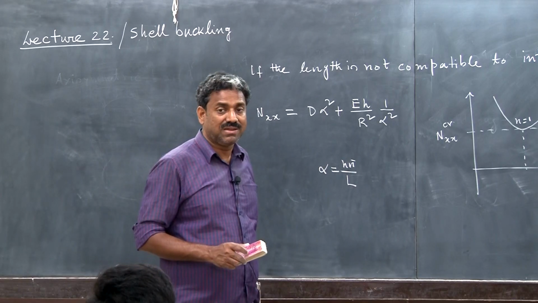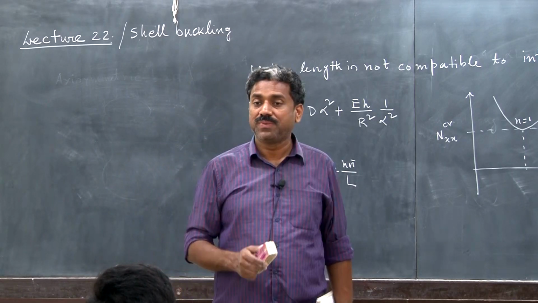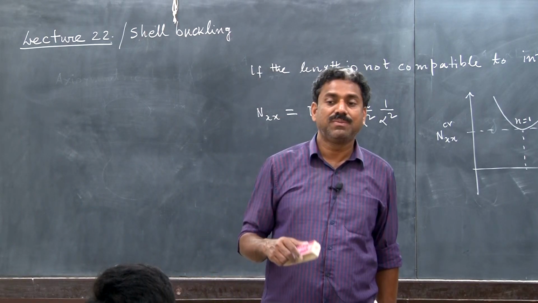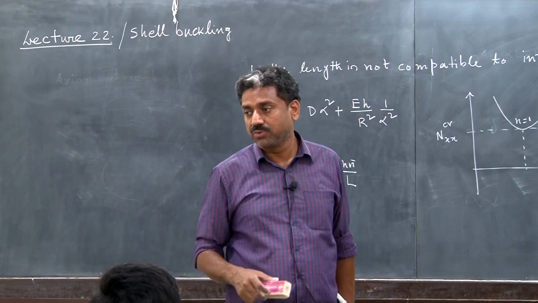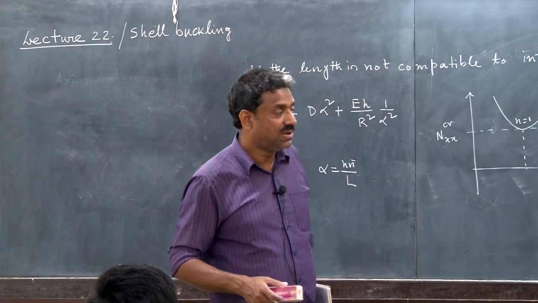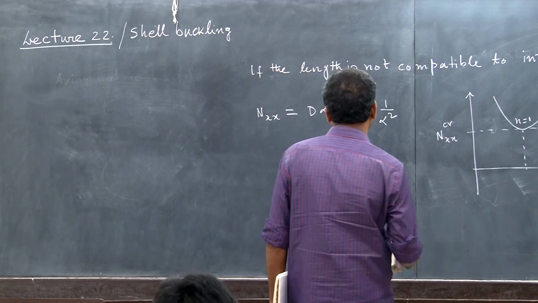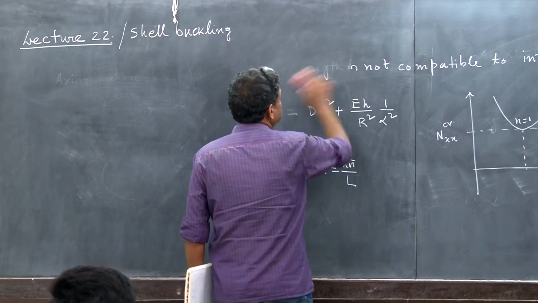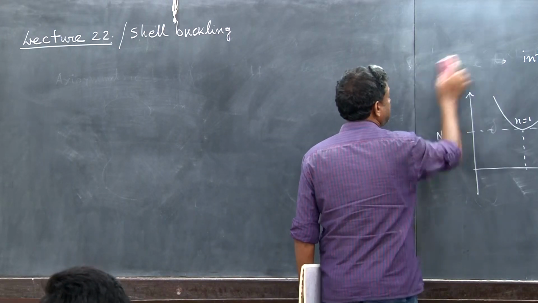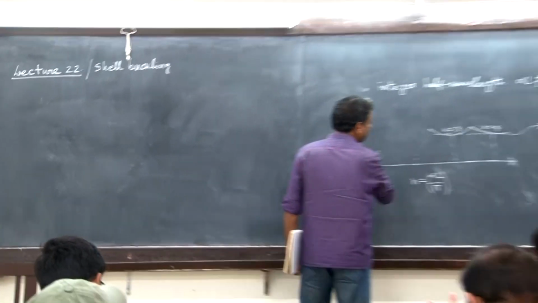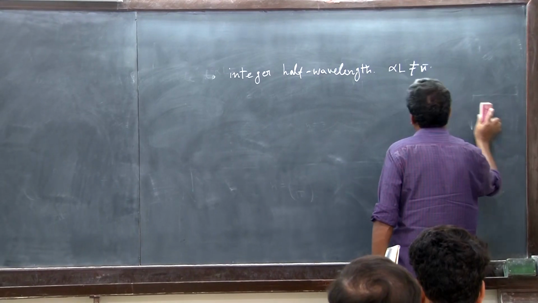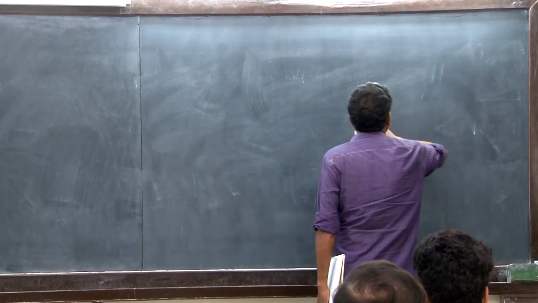And unlike a plate, even if we consider the first order theory, there will be coupling between bending and membrane terms, okay. That's what we are going to do now, and we will follow the quasi shallow shell theory, in which we will assume that the buckling mode consists of wavelengths, each of which can be represented as a shallow shell, okay.